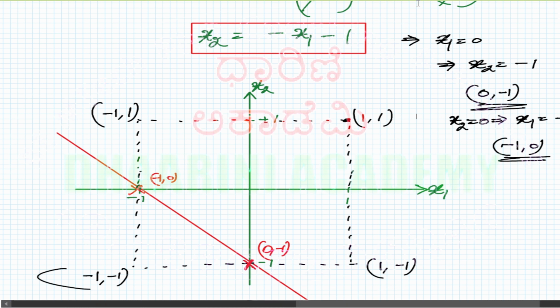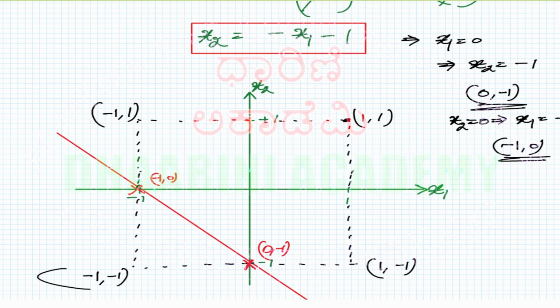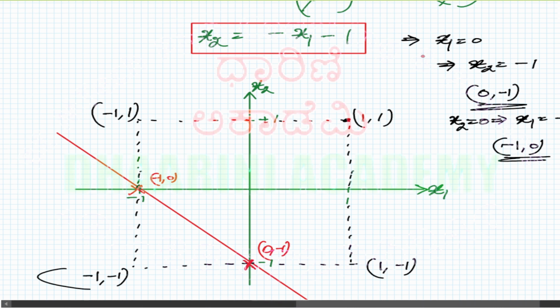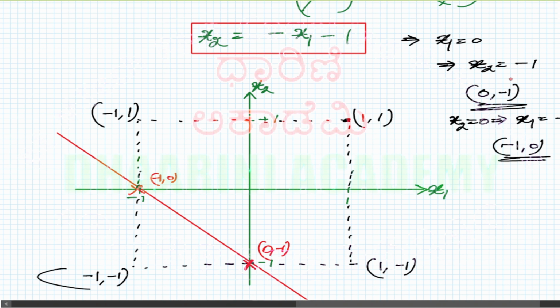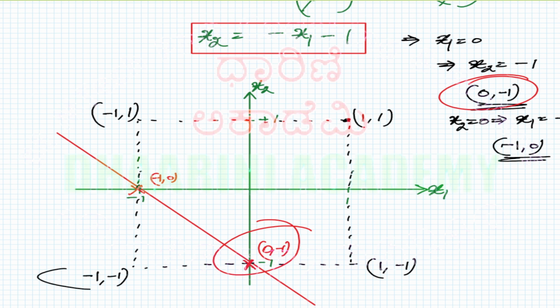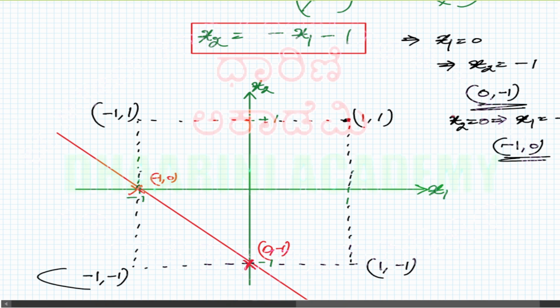To identify that, we put different values to x1 and x2. Initially I put x1 equal to 0, which means x2 is equal to minus 1. That's one point on the graph, 0 comma minus 1, and you can see 0 comma minus 1 is plotted. Very similar to that, now we make the other point by arranging x2 and x1 in the following way.